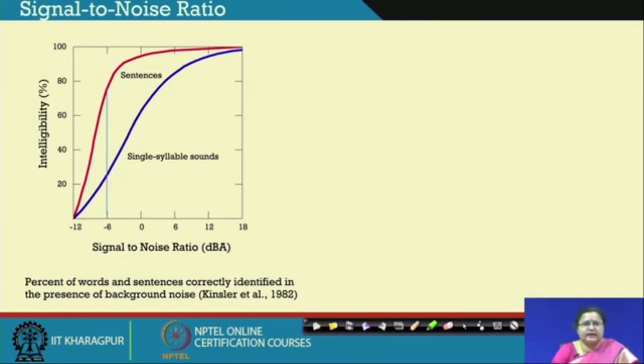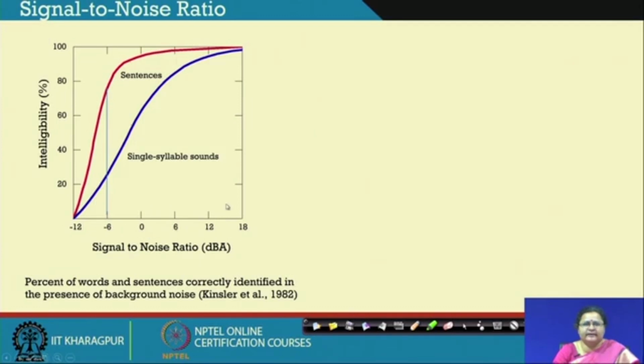So, here you see there are two curves, where one is in blue, showing that single syllable sounds are being spoken, and how the intelligibility, on the y axis, varies from almost 0 to 100%, while the signal to noise ratio is plotted on the x axis, where you have a signal to noise ratio of 0, 6, 12 and 18.